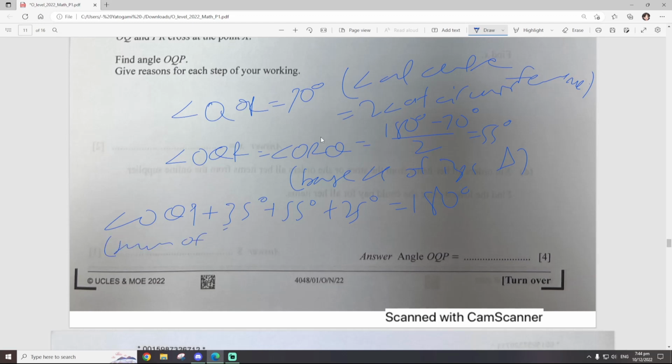Sum of 2 exterior angles equals interior angle, and also adjacent angles on straight line. Right? So these 2 things combined together, 55 plus 25 is 80, then 35 plus OQP is 100, so therefore this is 65 degrees. Okay.